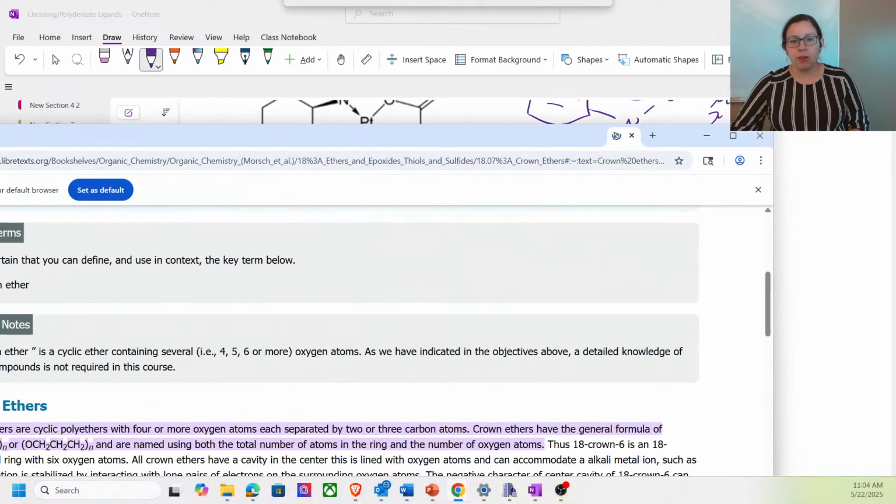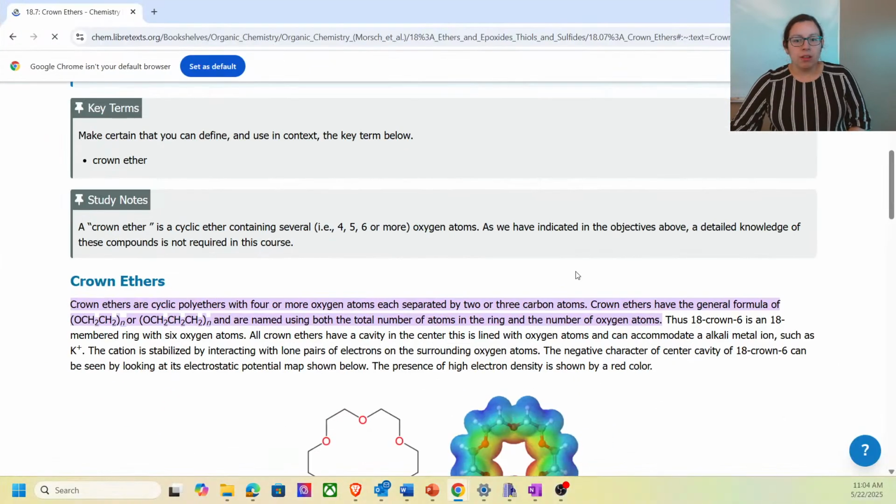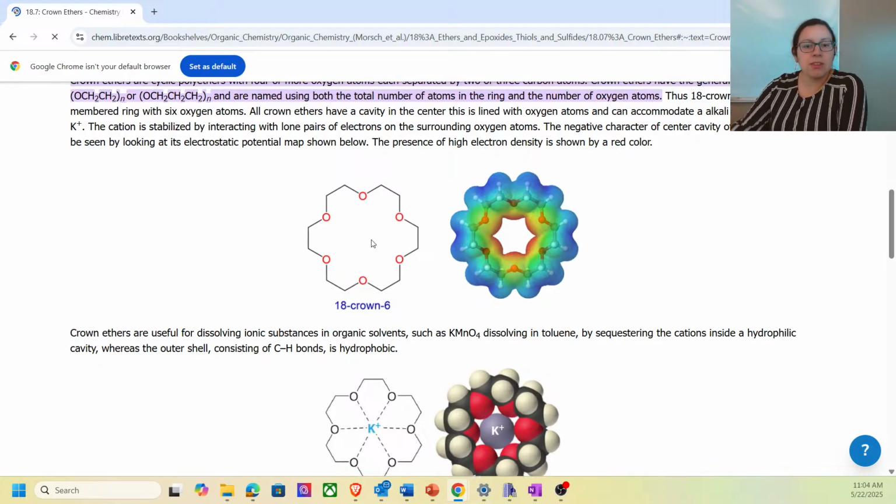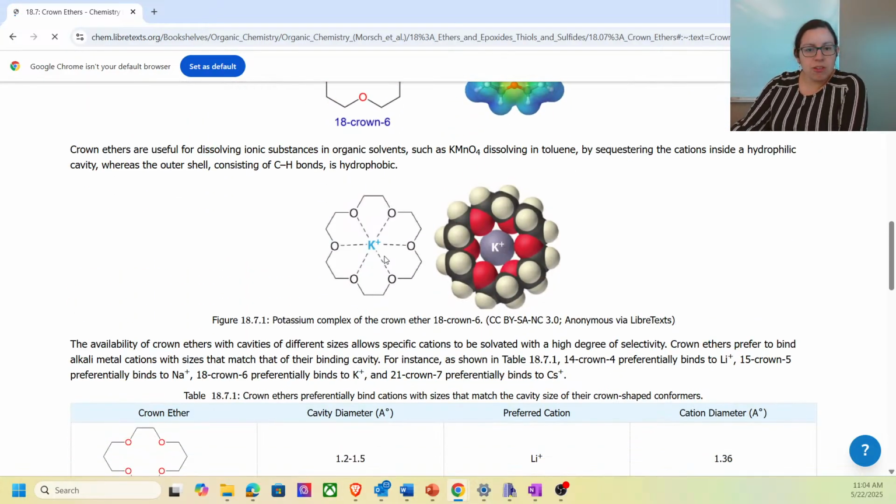At least this one loaded. So crown ethers are just something that looks like this, right? A repeating hydrocarbon and oxygen backbone. So this is 18-crown-6, for the number of carbons and then the number of oxygens. And this is shown here with potassium.